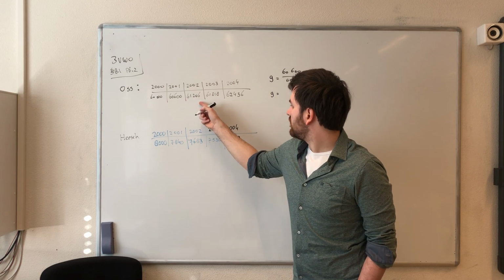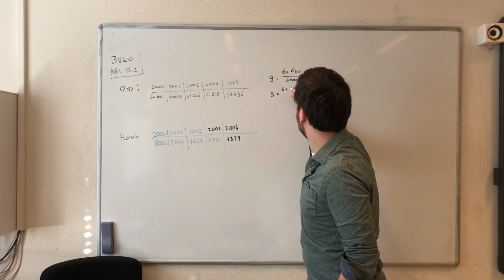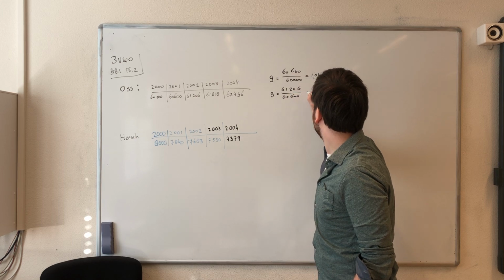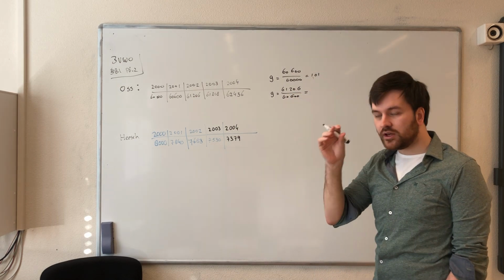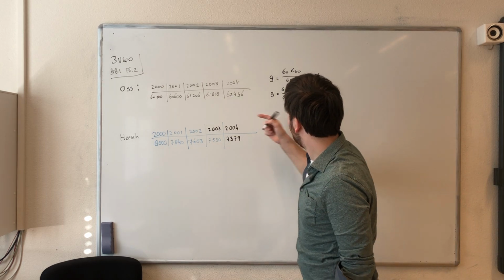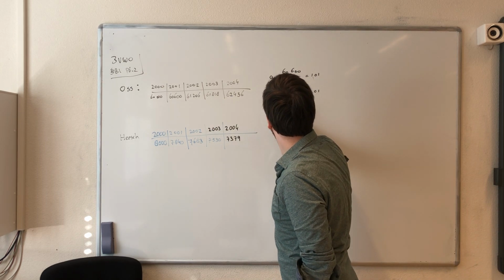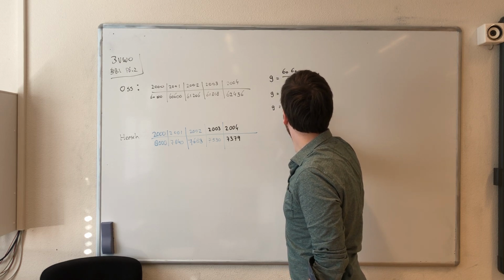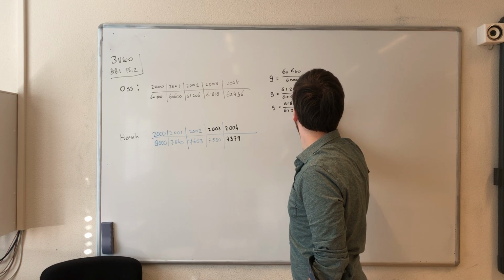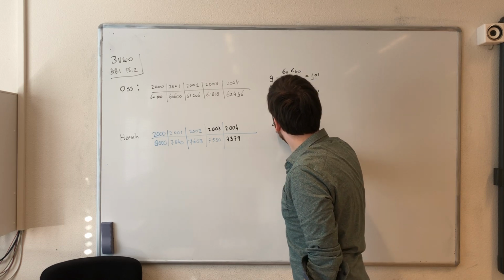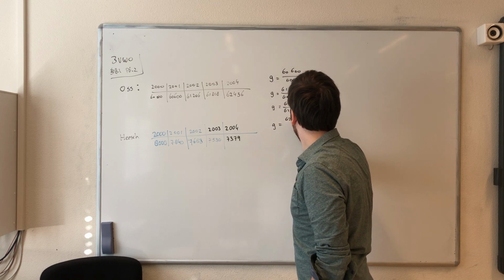For the second 2 years, we're using 6,120 over 6,000, and if you type that into your calculator, it's 1.01 as well. Do that for the third one, and you'll find the same answer again and again, which suggests that the growth factor is the same.